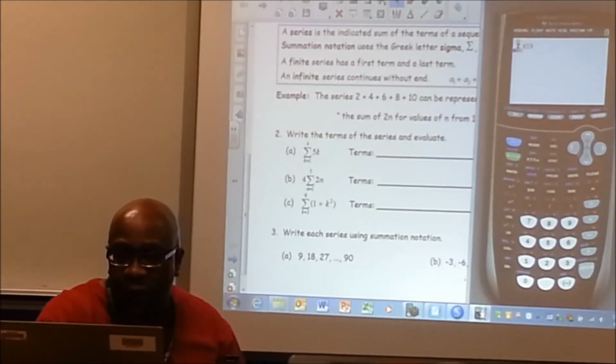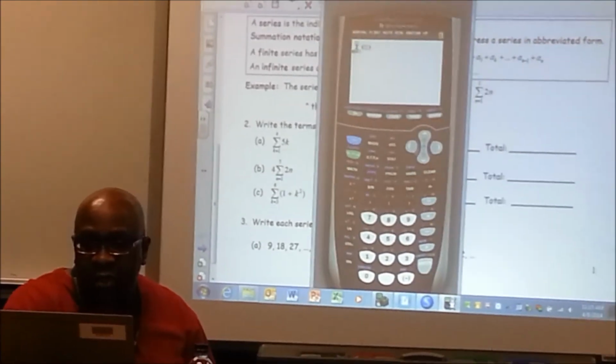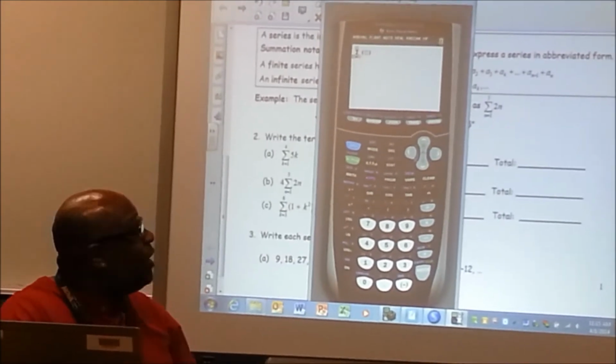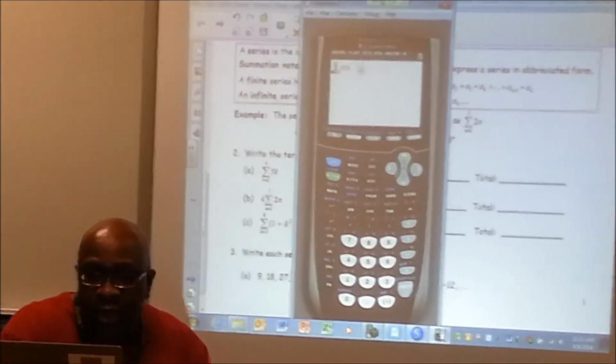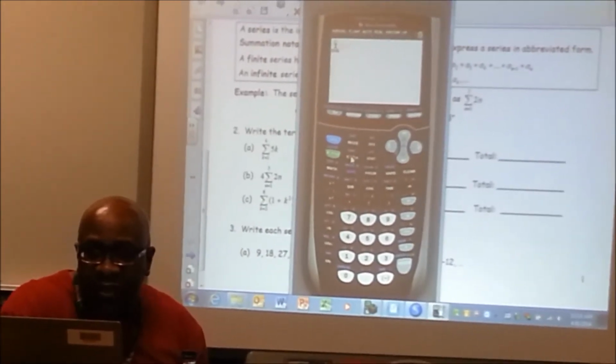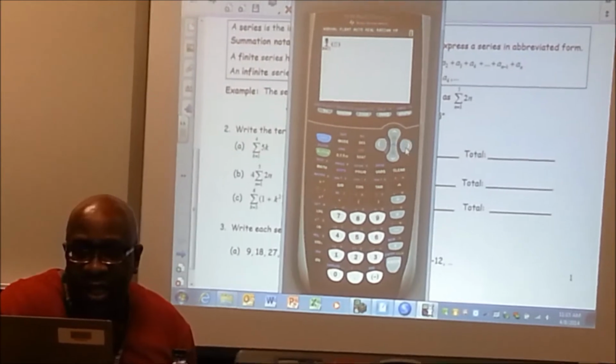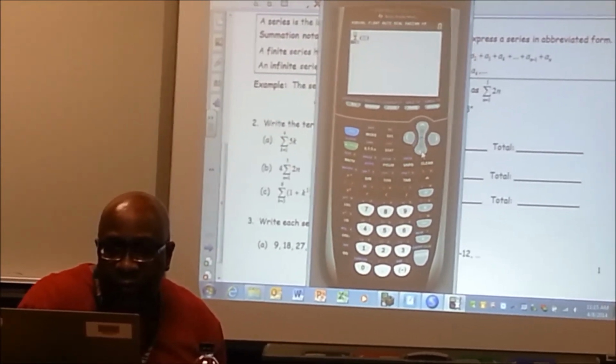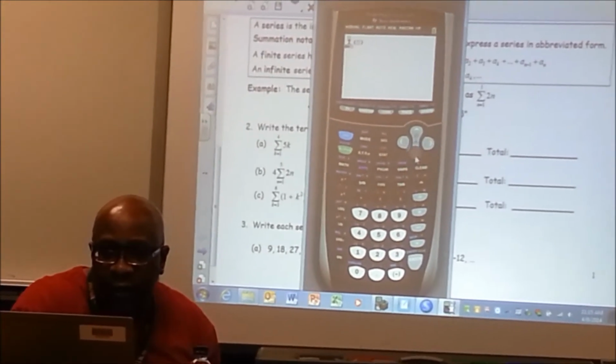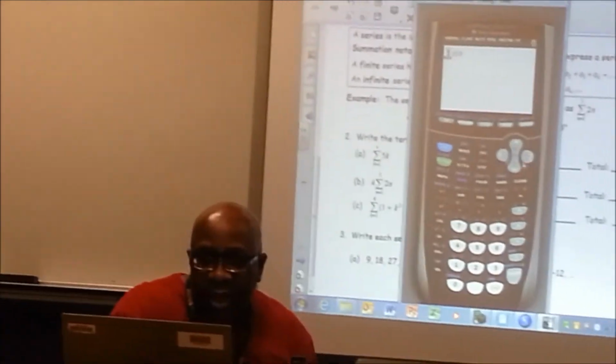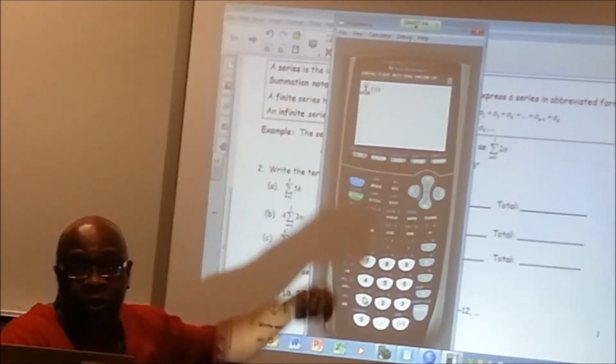Now let me move this over because we want it to look just like what we have here on our screen. So we're going to place in x in this first box, x equals 1, which means we want the first term.